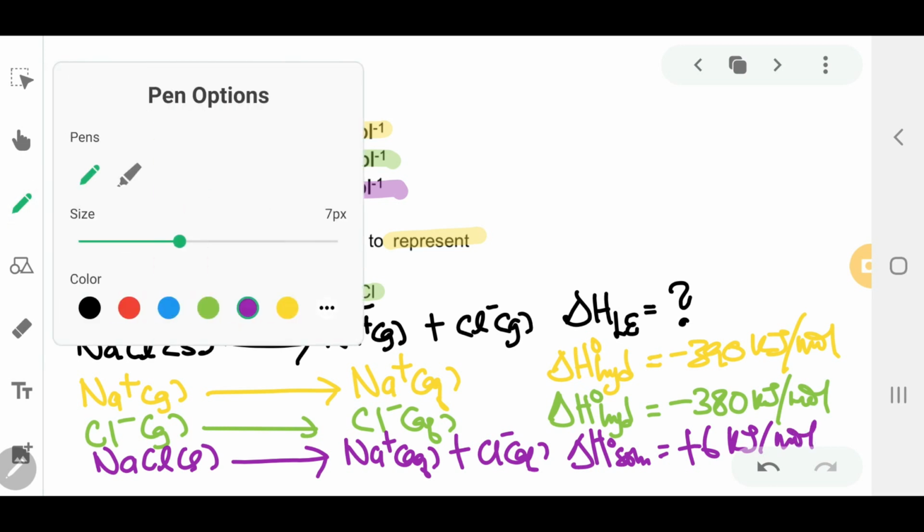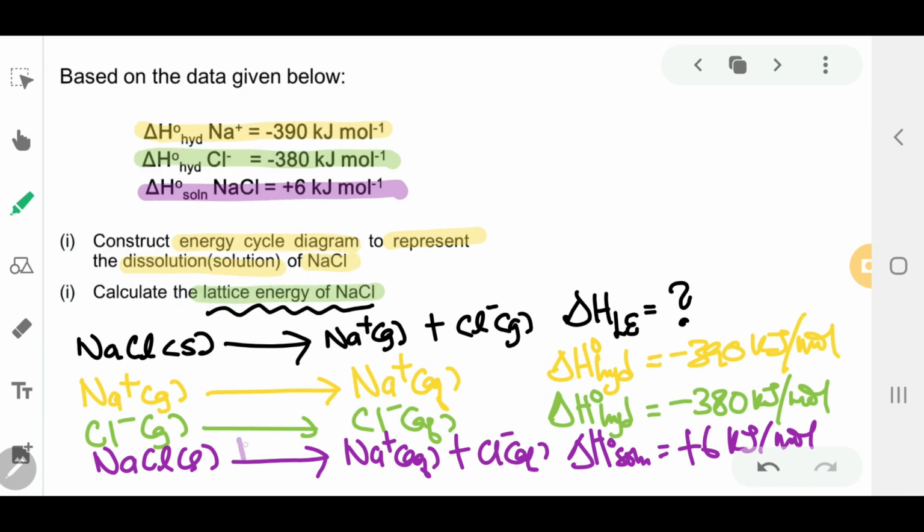Okay, so for this solution, you have H2O being added. The same goes for the one in green, hydration. For Cl⁻, you have H2O being added as well. So they have water involved in this process.